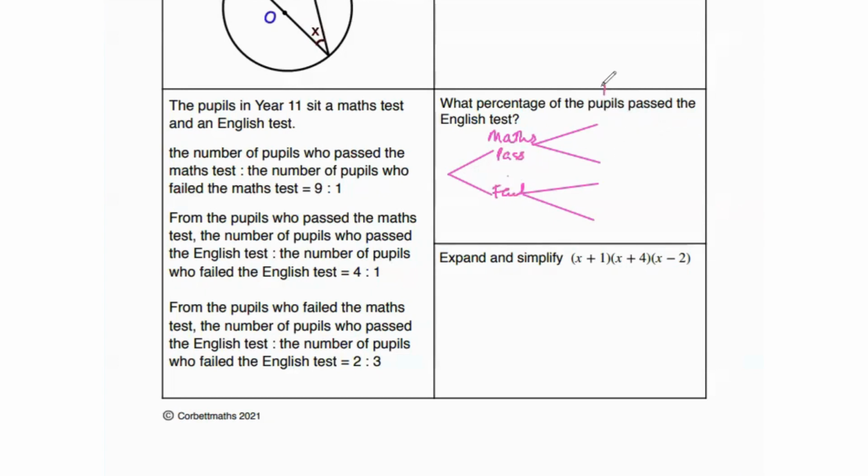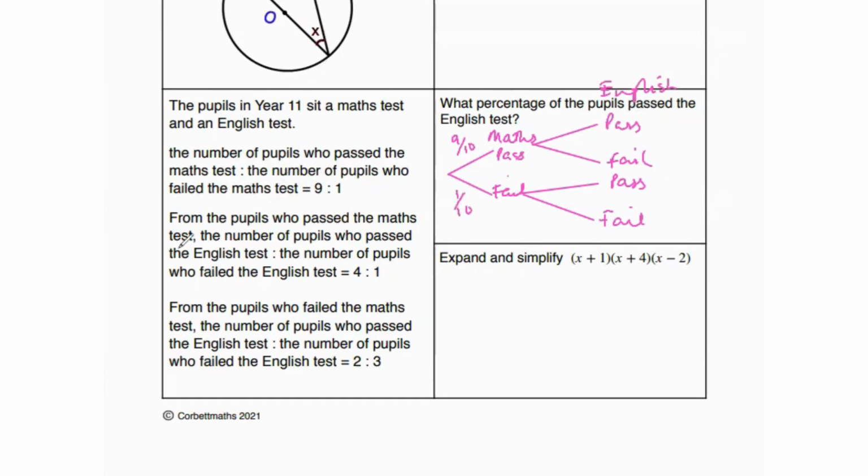Then this was your English, pass, fail, pass and fail. Okay. So it says that the number of people who pass the maths test to the number of people who fail the maths test is 9:1. So that means passing is going to be 9/10 and 1/10 fail.